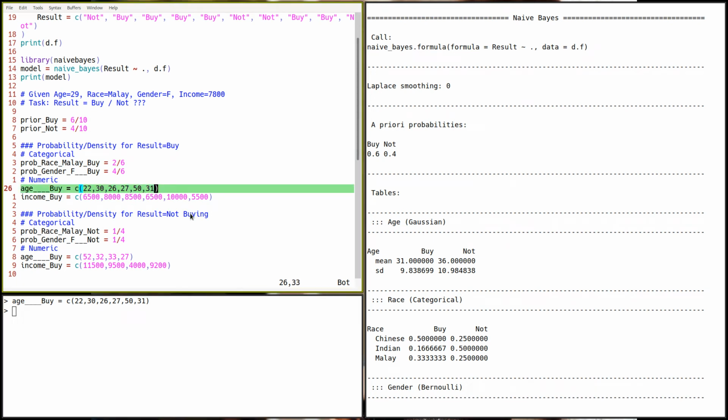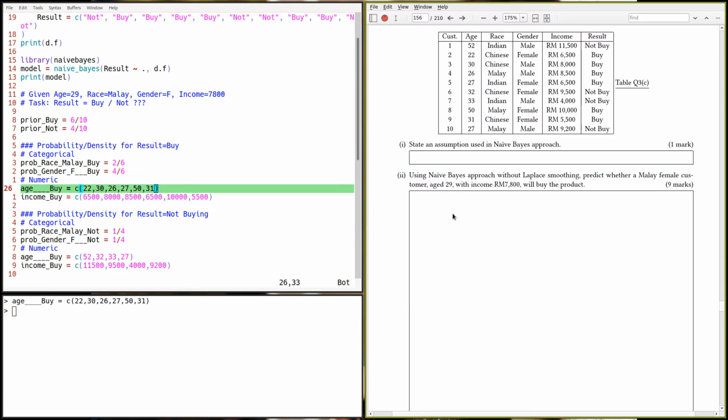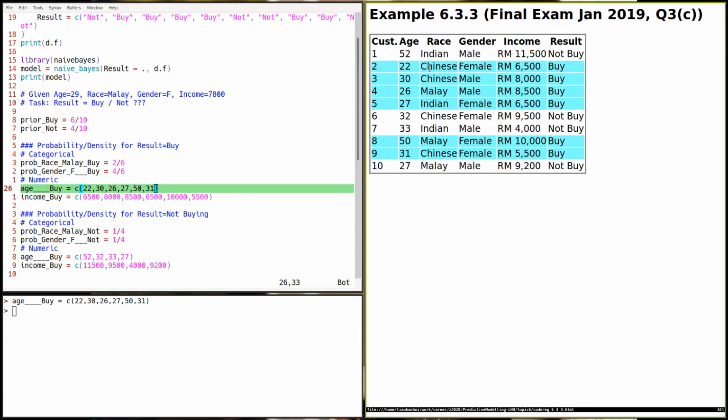All these are obtained from this part. You can see 22, 30, 26, 27, 50, and 31. Others are similar. You can just refer back to the table yourself.